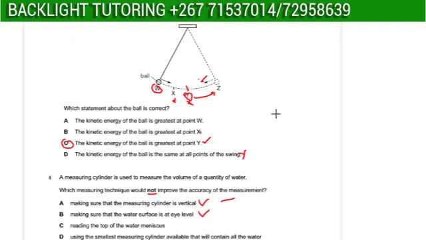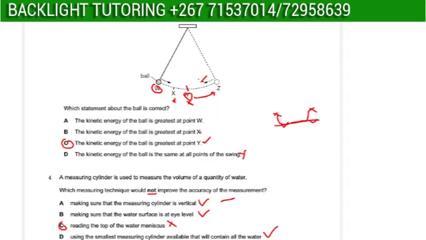Remember when we were talking about the meniscus, we were talking about something like this. We have to take the reading here, so don't take the reading here. That will be wrong. Use the smallest cylinder that will contain all the water so that you can easily make readings. So the best answer is C.